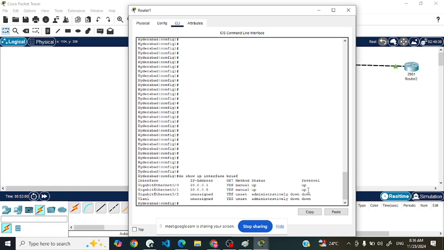It indicates the other end device is on. Not only the other end, both end devices; it gives a common result. If both end devices are up, then the protocol is up. If any end device interface is down, then it will give the result as down. Is it clear?